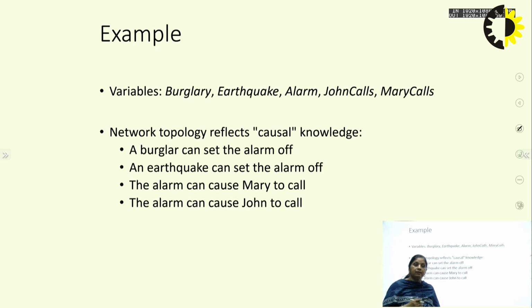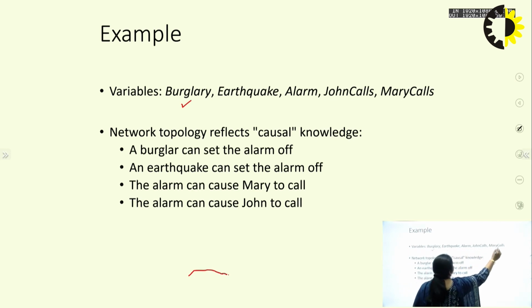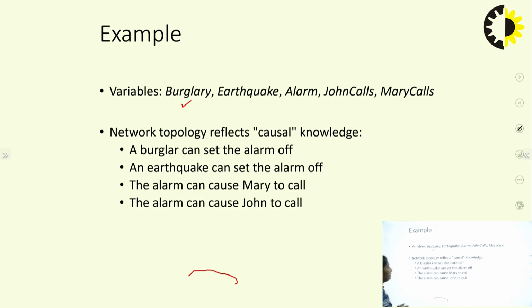Let us see this in detail with another example in which we are having the variables burglary, earthquake, alarm, John calls and Mary calls. These are our 5 variables. So what is our example? Let me say I have installed an alarm to get information about burglary.